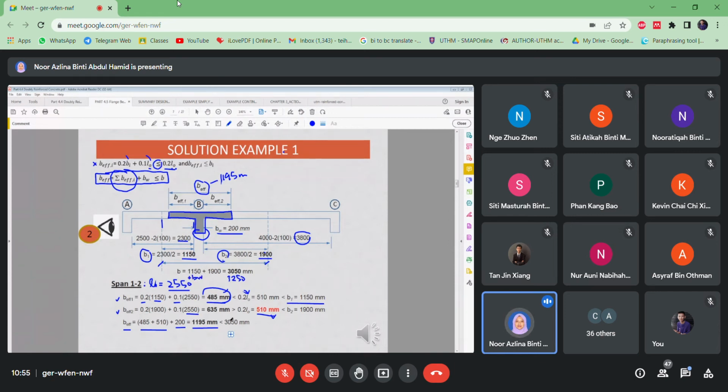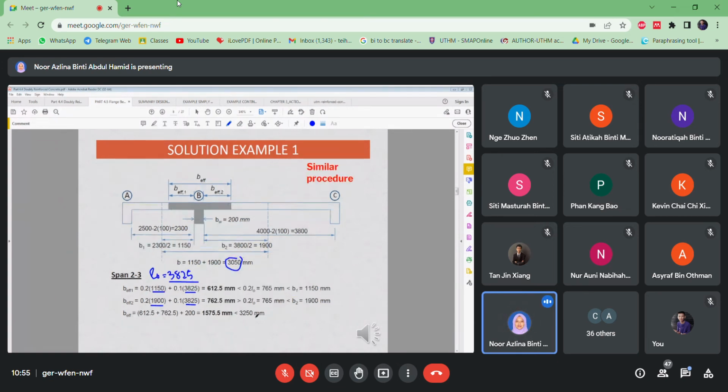So that means this is 3250, but still less than 3250. This one ni correct, but this one dia tak masukkan plus BW, which is to make corrections, okay, on your slide.